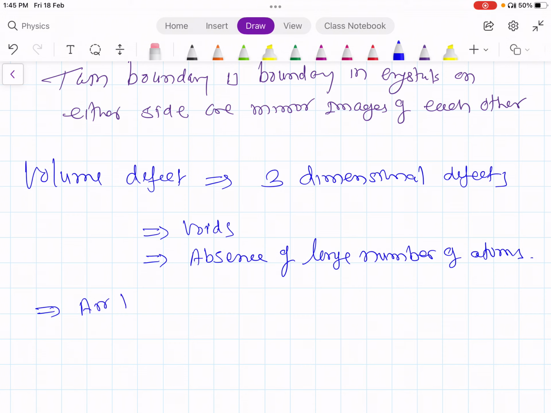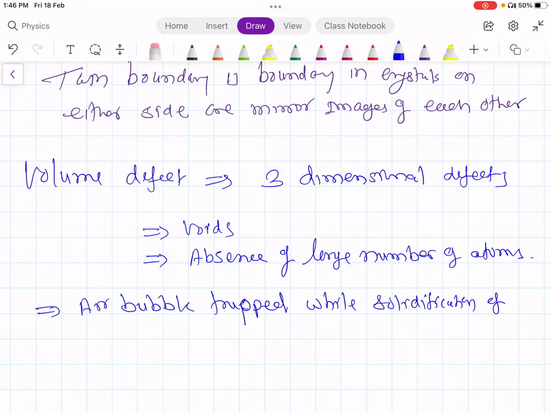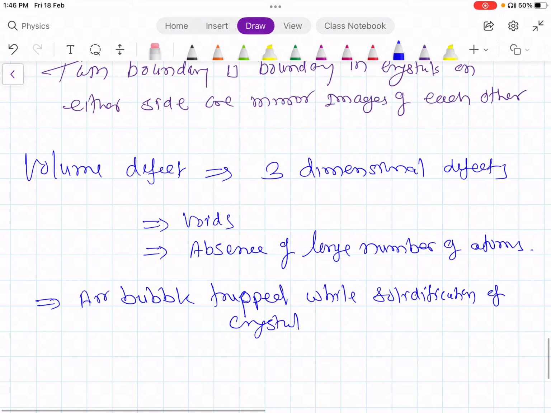First one is an air bubble trapped while solidification of the crystal. During the solidification of the crystal, if there is a trapped air bubble, then that trapped air bubble will form a big pore.